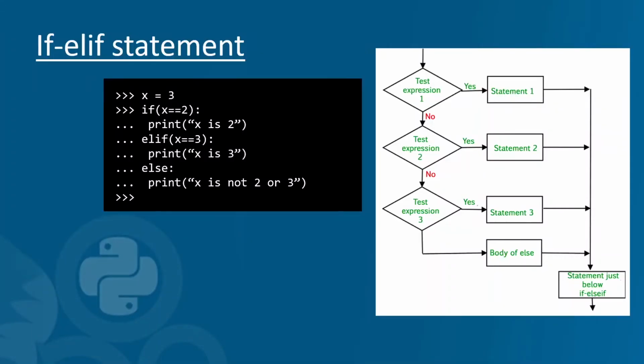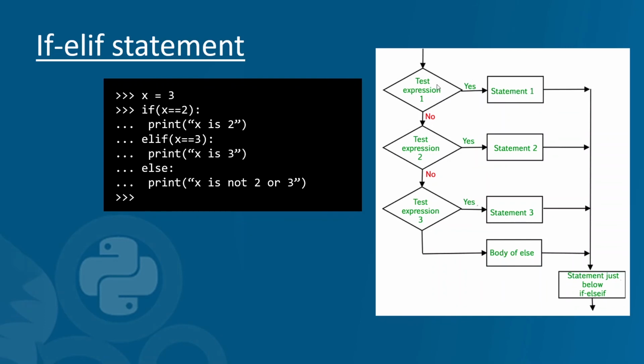And the next important thing in Python is if elif statements. From the flow chart you can better understand what exactly an if elif statement is. First we write an expression, some condition, and if that condition is satisfied, if the output is yes, then it will execute a statement.